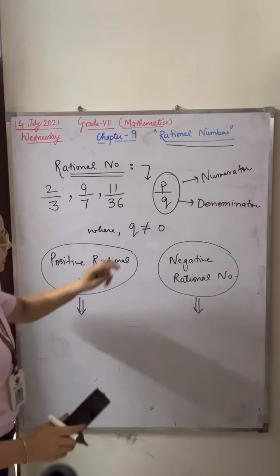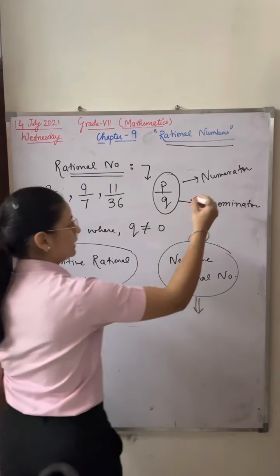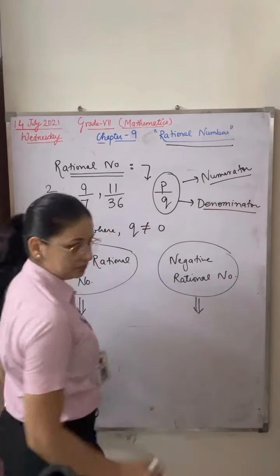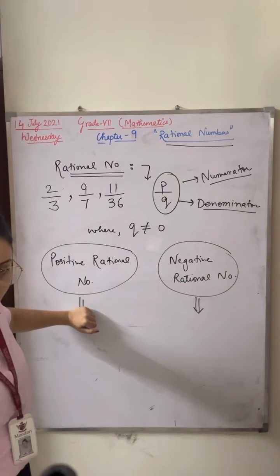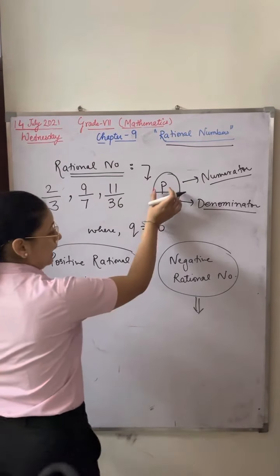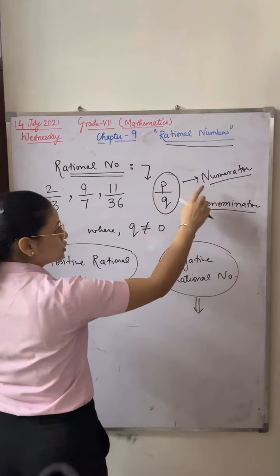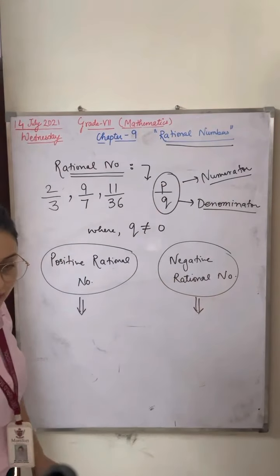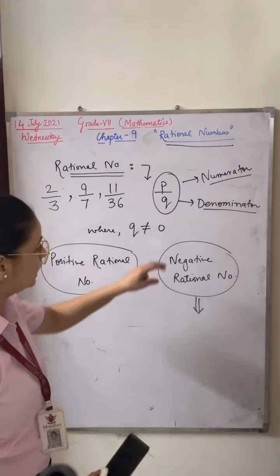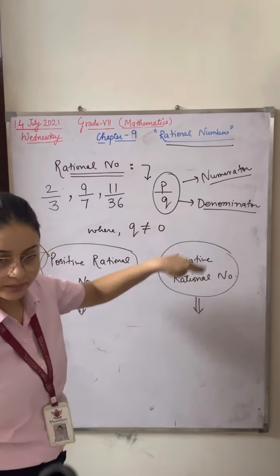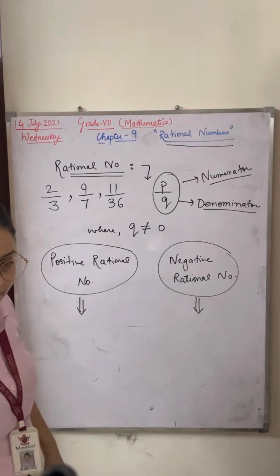The upper digit is always known as the numerator, and the digit which is written at the bottom is known as the denominator.